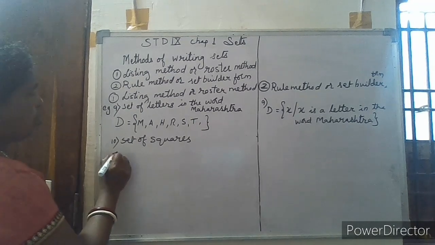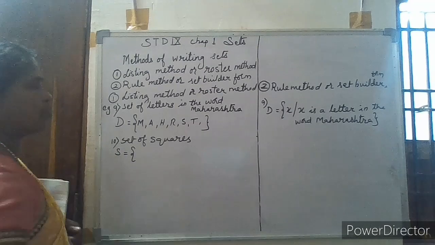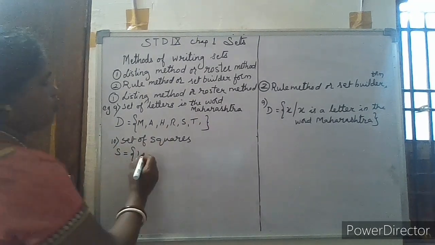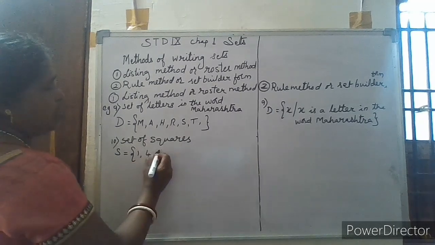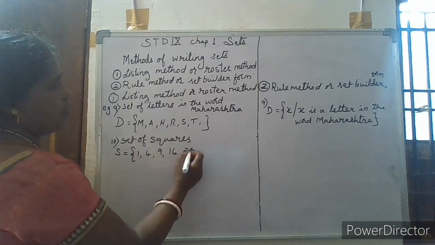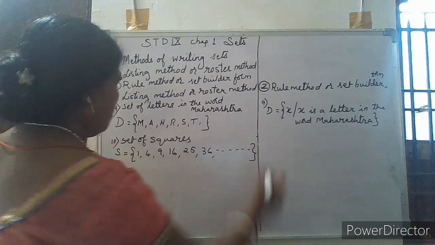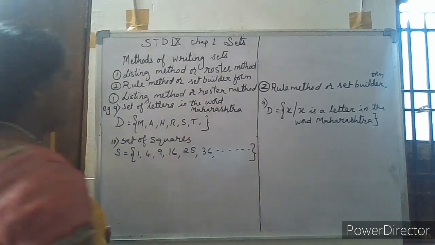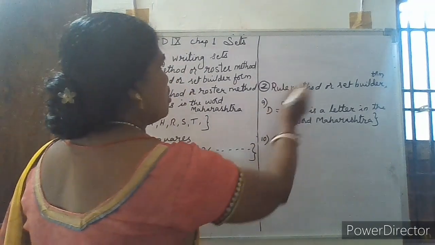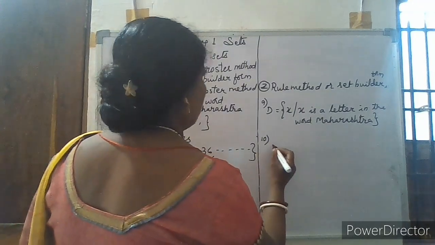I'll name it, suppose, S. Squares, you know. 1 is square, 1, 2 square is 4, 3 square 9, 4 square 16, 5 square 25, 6 square is 36 and so on. Again, they are infinite numbers. So, when we write this in the rule method or set builder form, it becomes a little different.